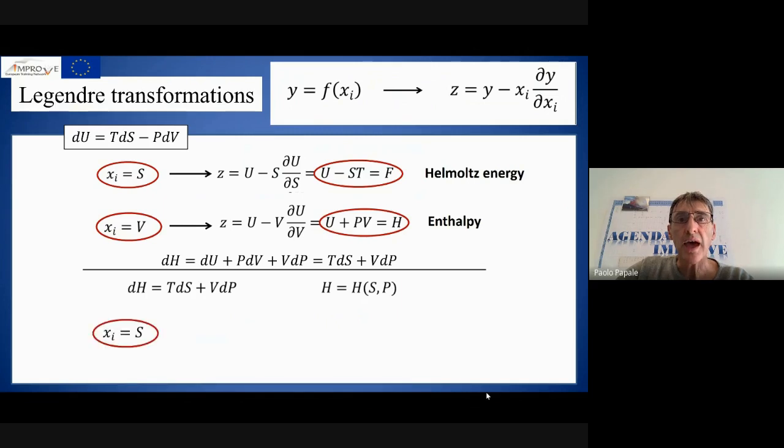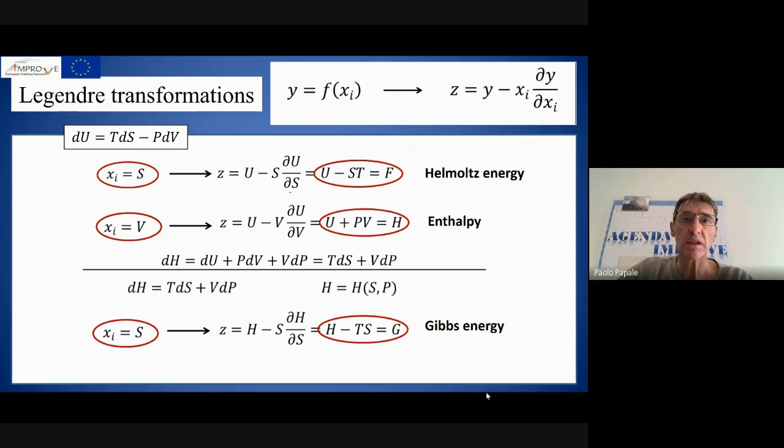Let's take x equal to entropy and apply the Legendre transformation. We obtain a new function g equal to enthalpy minus temperature times entropy that we call the Gibbs energy. And sometimes this is also called the Gibbs free energy.